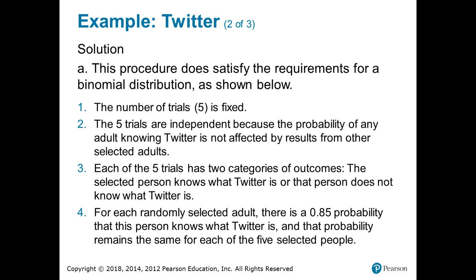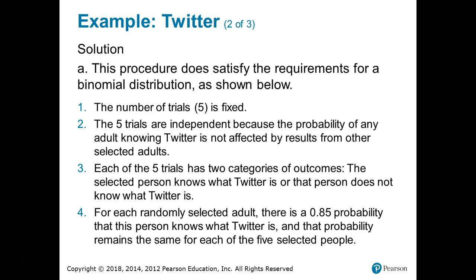So let's look at the four requirements. The first one says that you need to have a fixed number of trials. We have 5 trials occurring, so yes. The 5 adults are independent, because the probability of any adult knowing Twitter is not affected by the results of anybody else. So yes, they are independent. Each of the 5 trials has 2 categories for outcomes.